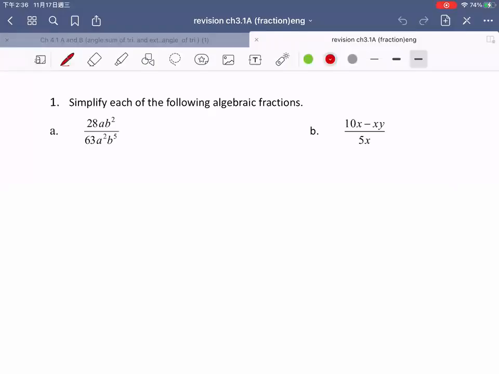In this exercise, we want to simplify different fractions like this one.